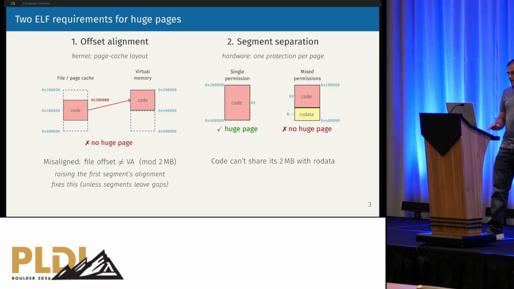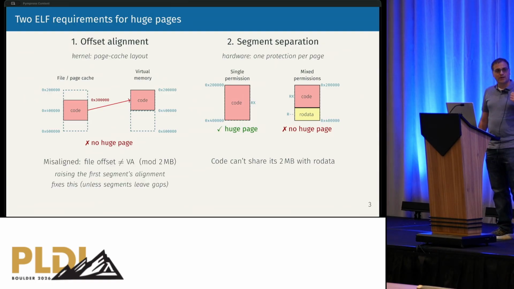So let's talk about the requirements from the executable. What do we need from an executable in order for it to be mapped using huge pages? The first thing that we need is what we call offset alignment. The offset where the code sits within 2 megabyte chunk must be the same in 3 places. In the file, in the physical memory, because the page cache lays each 2 megabytes in such a way.